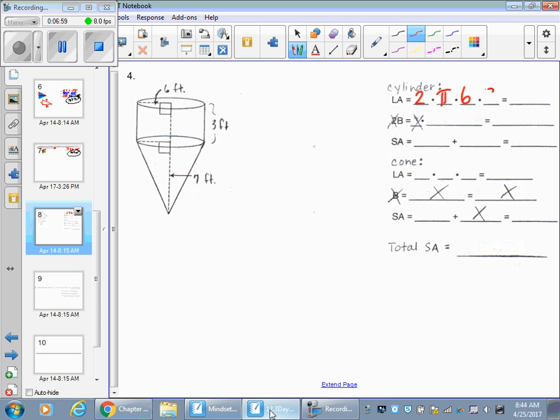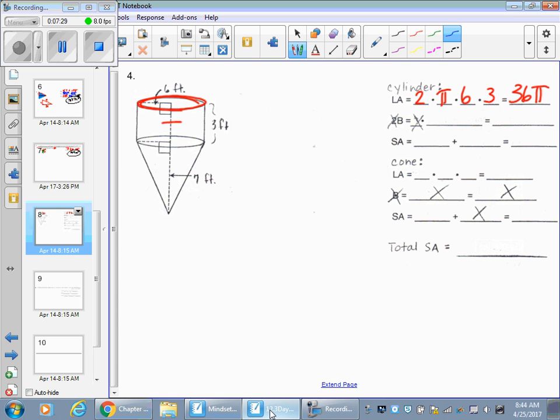It's 3 feet. So I do all that math, I end up with 36 pi. Now, remember when we were doing the cylinder, we were looking at 2 bases, but here we only have 1 base. This space down below, we can't see, so that's not part of the surface area. So we're only going to look at this 1 base up there.